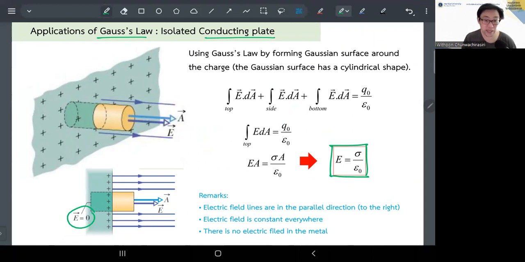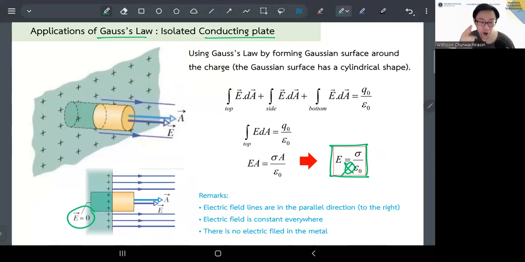You only have the electric field piercing outward from the conducting plates. So that's why the factor of 2 is missing over here, because you drop the electric field. When you drop the electric field, it pretty much has only one side to go, so you don't have any factor of 2 to worry about anymore.